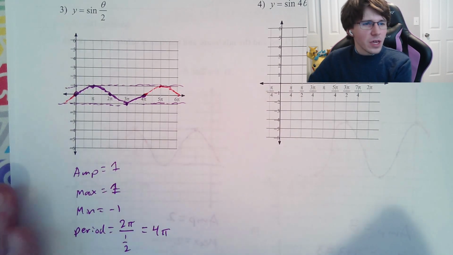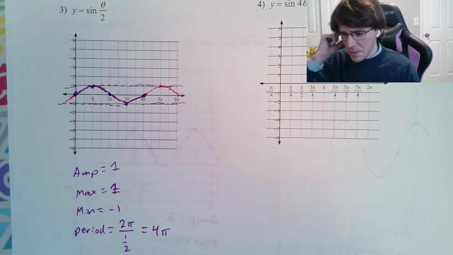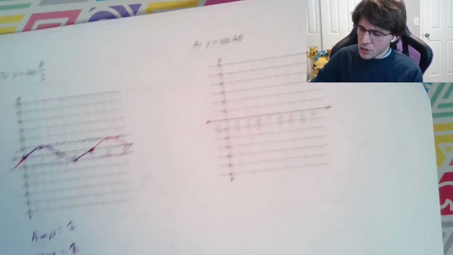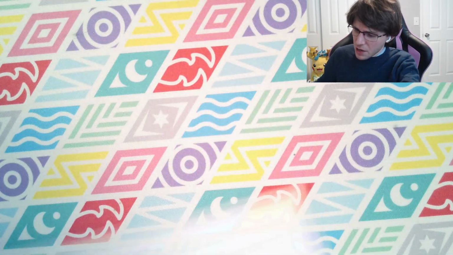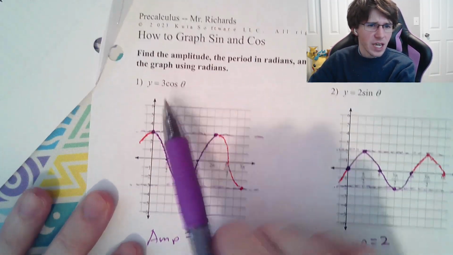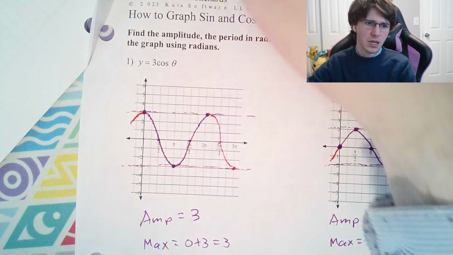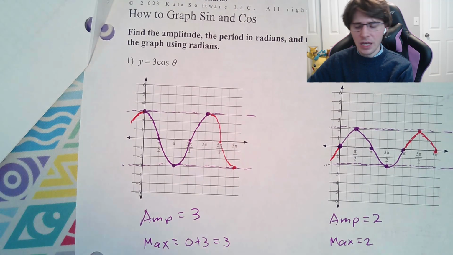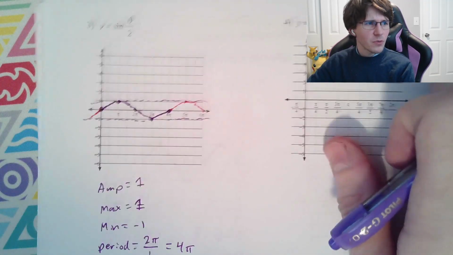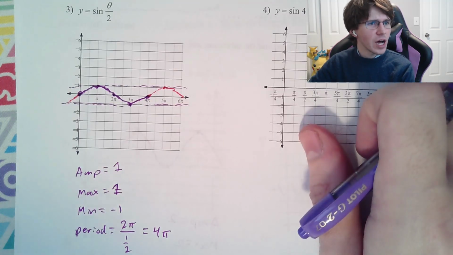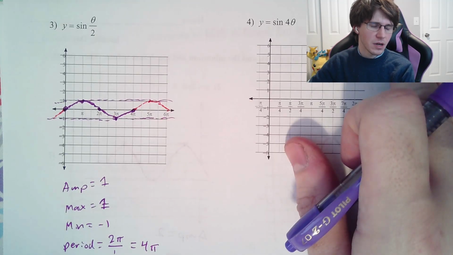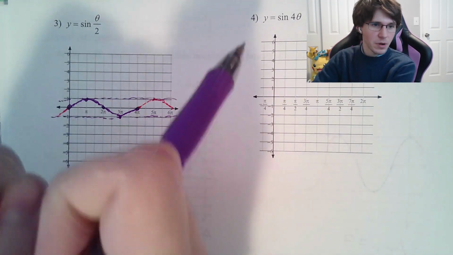So, thinking about it in terms of the visualization, something that's important to note is that the value in front, the amplitude, is a vertical stretch. It's pulling the graph apart basically by a factor of 3 in the vertical direction. Over here, unlike the regular multiplying, the 1/2 does pull it apart, but it pulls it apart this way.